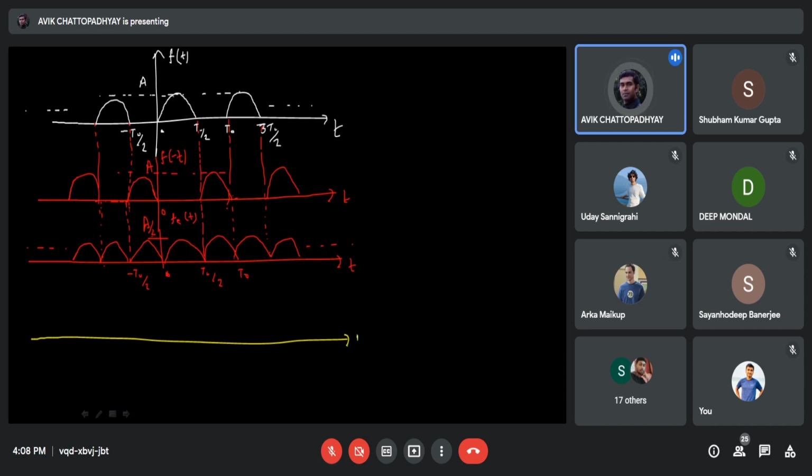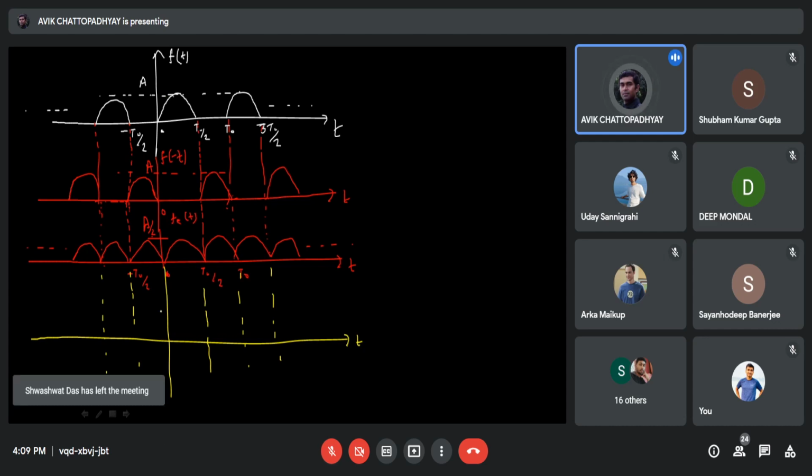The odd part will be, again, drawing the same scale. Okay, so the odd part, this minus this, f of t minus f of minus t divided by 2.